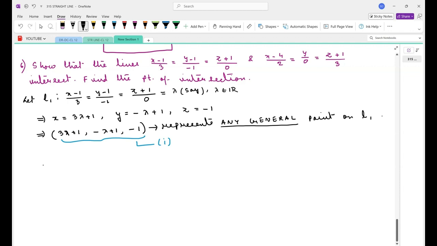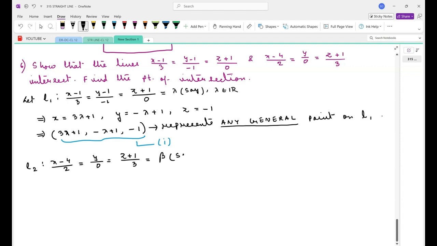Now let us find out similarly for L2. X minus 4 by 2, and so on, suppose it is beta.